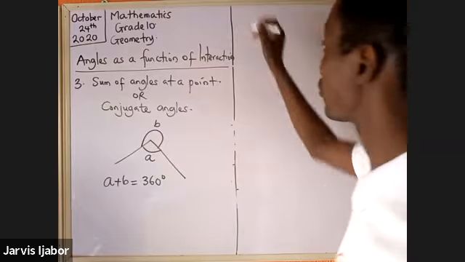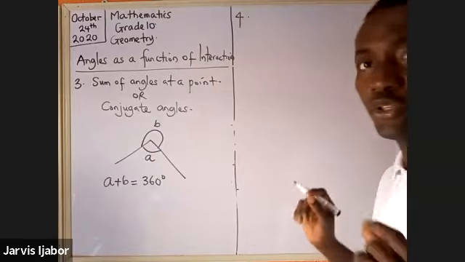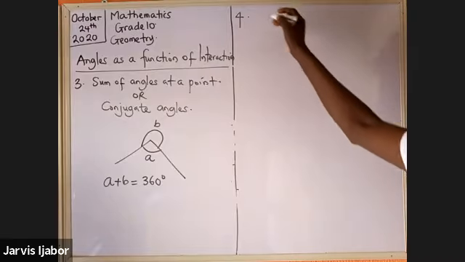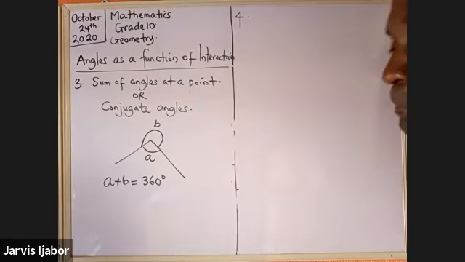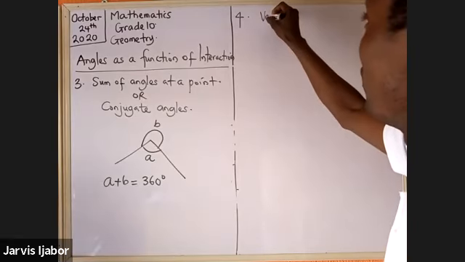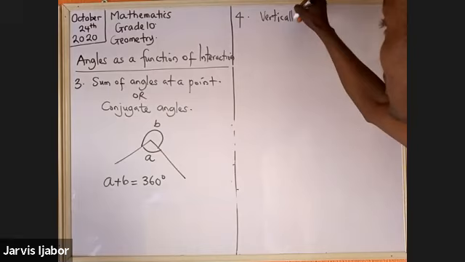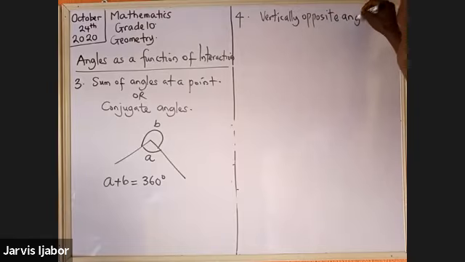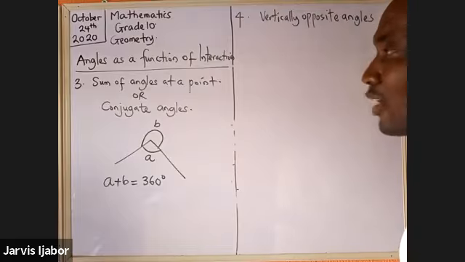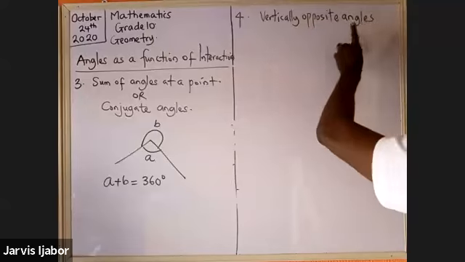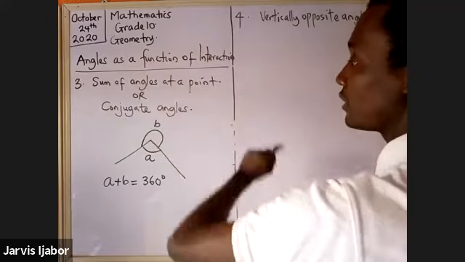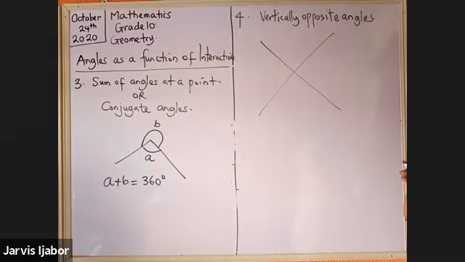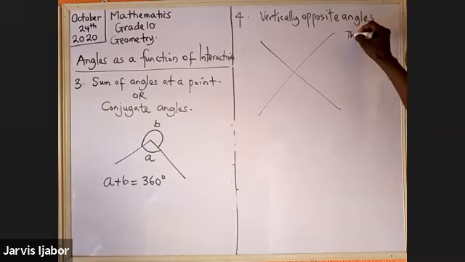Now, while we continue in that light, we can also go to number 4. And I really want you to read this so that you have a strong grasp of the concept. Now, number 4, we treat what is called vertically opposite angles. Now, the concept of vertically opposite angles exists where you have lines that are intersecting. Take notes.